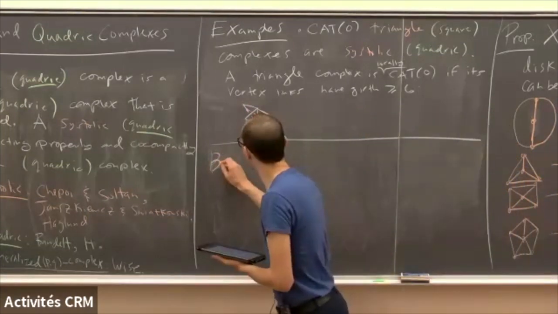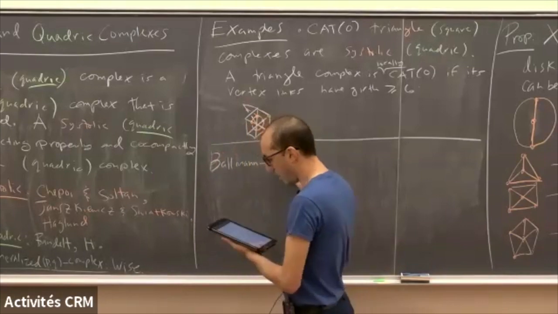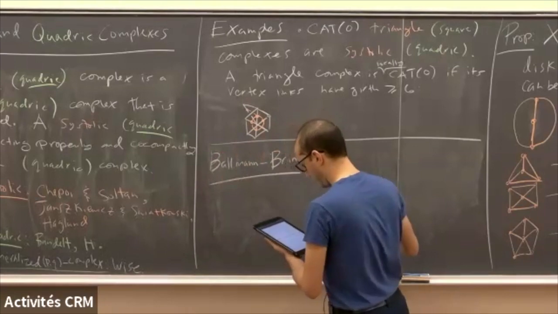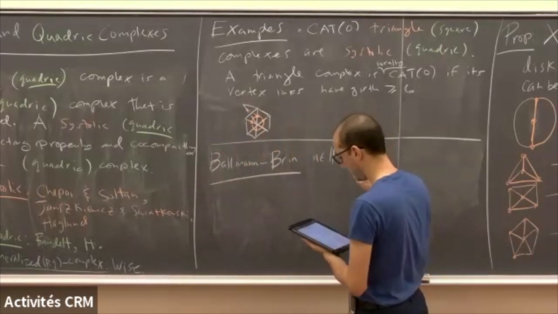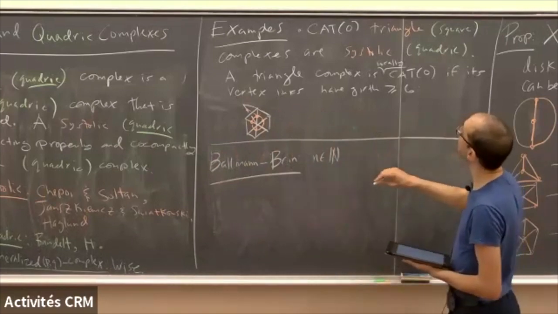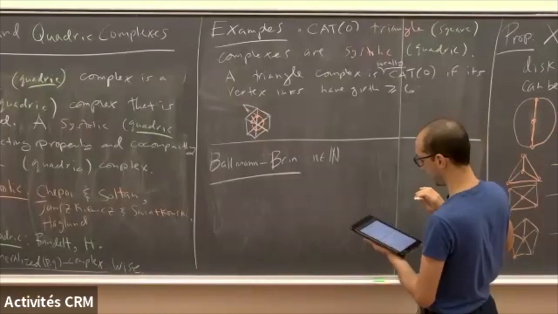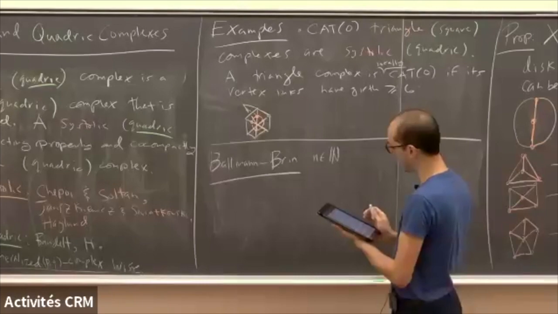Okay. More examples. Ballmann and Brin: these are examples of CAT(0) triangle and square complexes. In fact, they do it for general polygonal complexes.